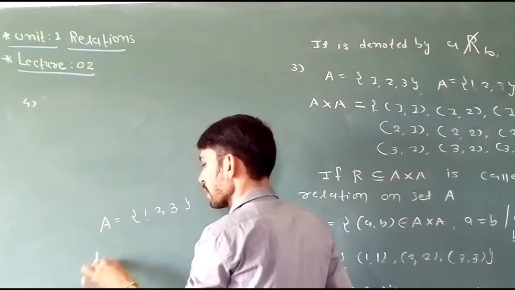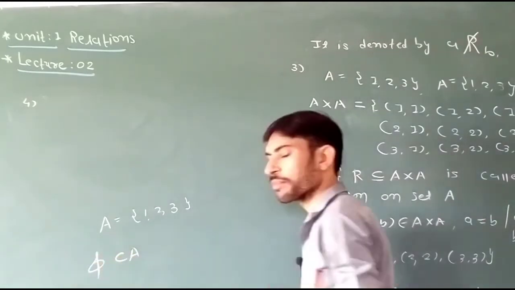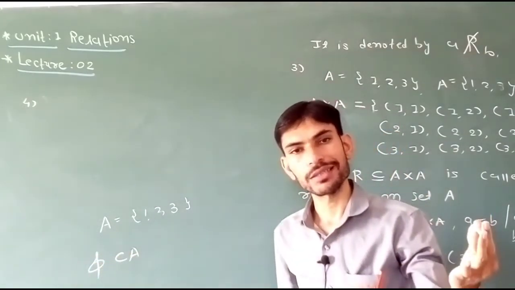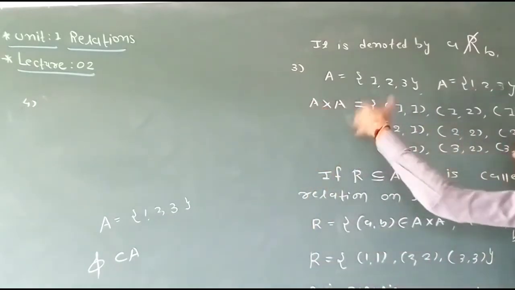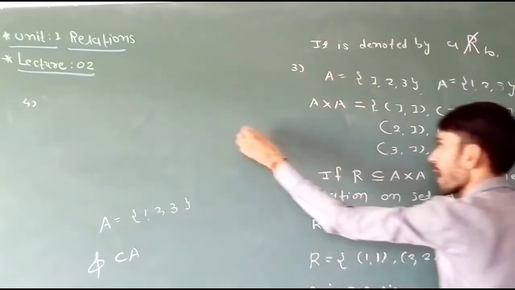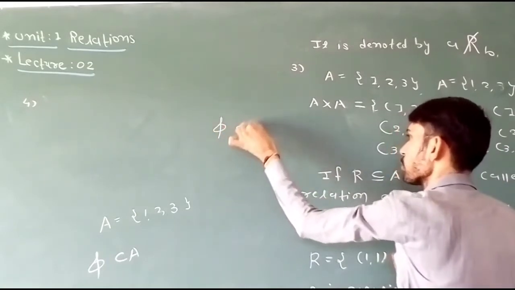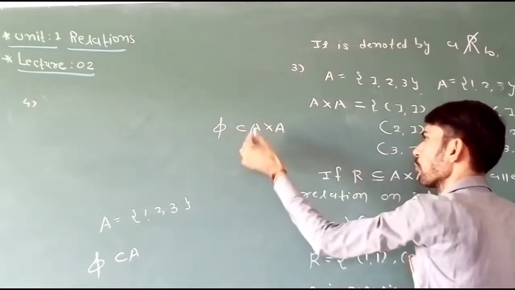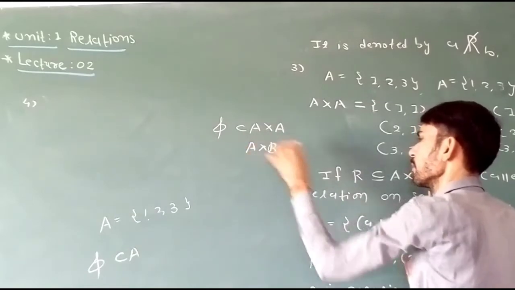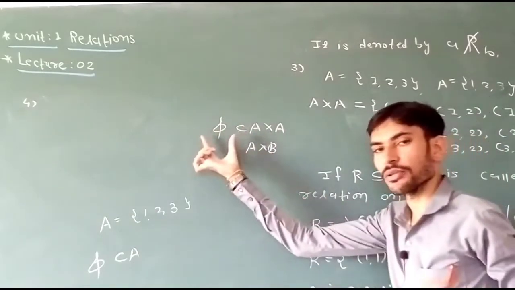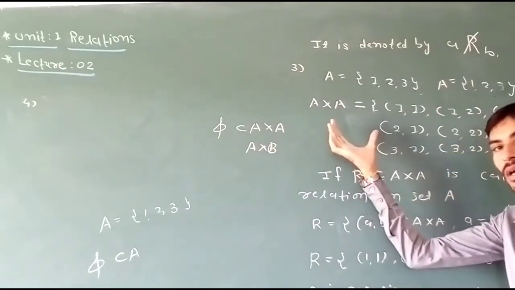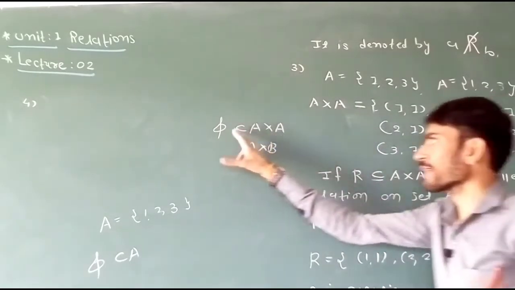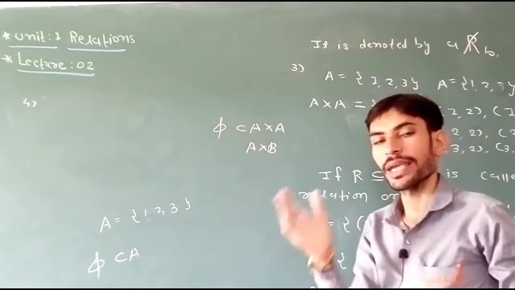As we know, ϕ is a subset of set A. એમ્પ્ટી સેટ છે મિત્રો દરેક સેટનો શું થશે? સબસેટ થશે. તો એ જ રીતે મિત્રો આપણો જે કાર્ટેશિયન પ્રોડક્ટ છે A ક્રોસ A or we consider as the A cross B. So ϕ is a subset of Cartesian product A cross A or we can also say A cross B. તો એમ્પ્ટી સેટ છે મિત્રો એ પણ કેનો સબસેટ થશે? કાર્ટેશિયન પ્રોડક્ટ A cross A અથવા તો A cross B નો. રેડી? તો આજે મિત્રો ϕ છે એ કાર્ટેશિયન પ્રોડક્ટ A cross A નો સબસેટ છે.